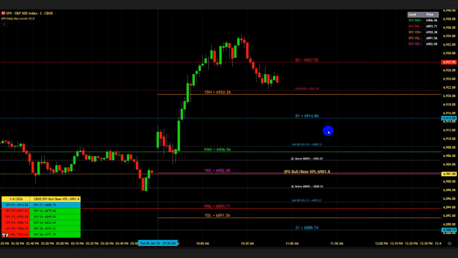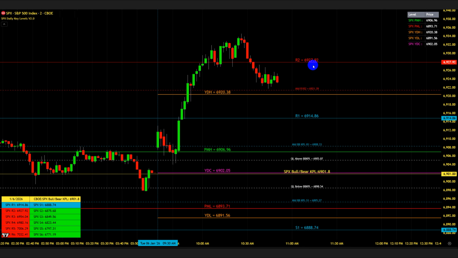The main key levels in the V2.0 indicator again are the bull bear KPL level, and then the R1 through R6 levels, and then the S1 through S6 levels. These midpoint levels that you see here serve a couple of other different purposes. They're not for taking trades off of. And then we also have the QL levels, which are provided by the indicator, which have a singular purpose, which we will go over here in a second.